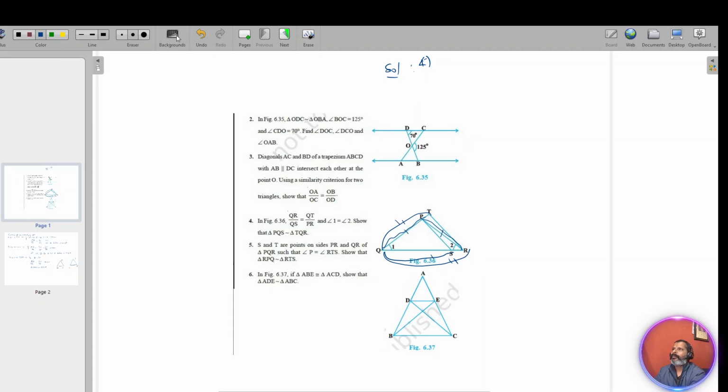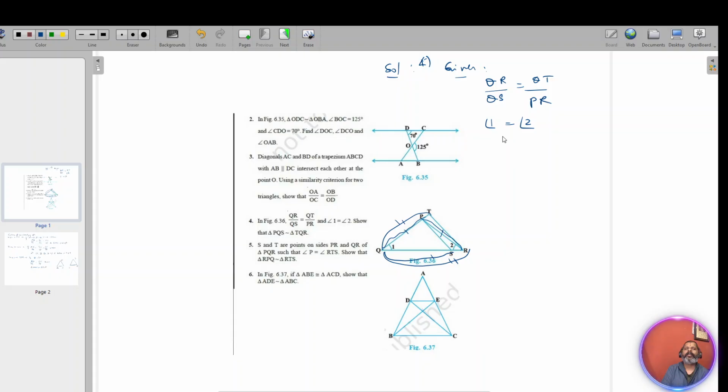Okay, we'll see that. Given, just write QR by QS is equal to QT by PR. Angle 1 equal to angle 2, in triangle PQR.